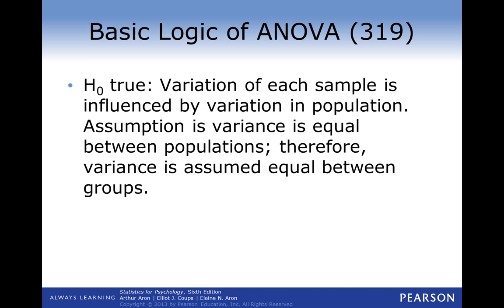In other words, it's what you would expect. The assumption is that the variance between all of the groups on the dependent variable without any intervention is equal. Therefore, the variance in the populations are assumed to be equal.